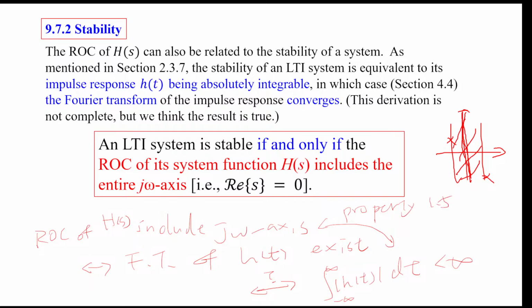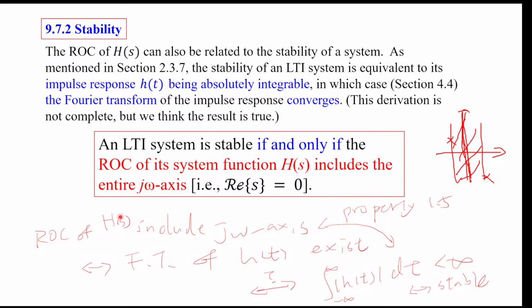Anyway, we know that the ROC of H of s including the j omega axis means that h of t is absolutely integrable, and then from chapter 2 we know that this means the system is stable. So that's the logic here.